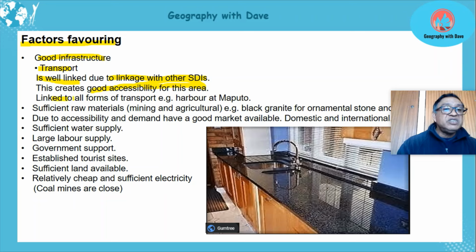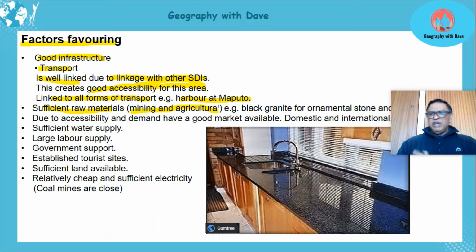Can you see? Linked to all forms of transport: air, rail, road. Example, the harbor in Maputo, water transport. It's linked to it. Sufficient raw materials, mining and agriculture. When you've studied the primary activities in that section, you already learned about the raw materials being found in the northern section of South Africa.